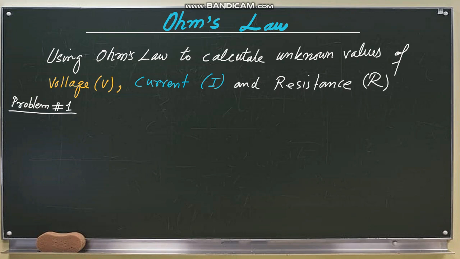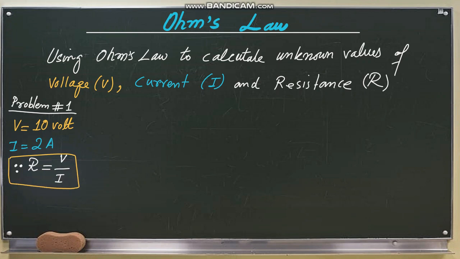Let us use Ohm's law to calculate the unknown values of the voltage, current, and resistance. Problem number 1. Suppose that potential difference is 10 volt, the amount of the current is 2 ampere, then what will be the value of resistance?